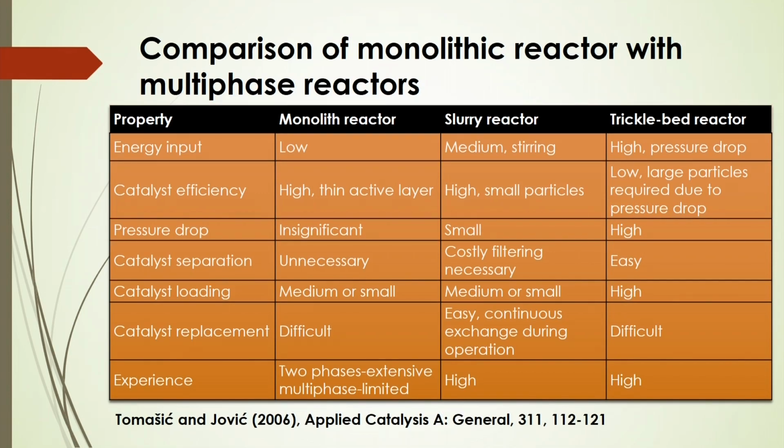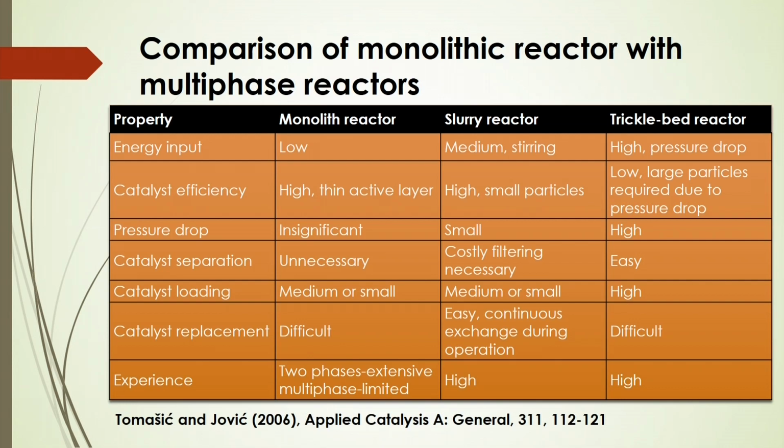Also the slurry reactor is high if you are considering small catalyst particles, and in the case of trickle bed reactors it will be low, because in the trickle bed reactor you cannot use small particles, it is made only with large particles due to the pressure drop there.